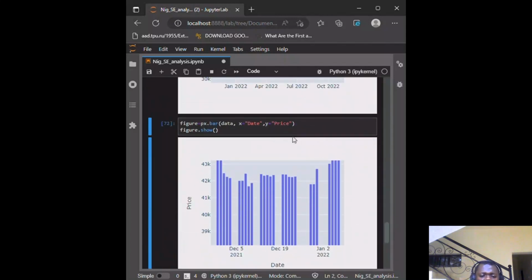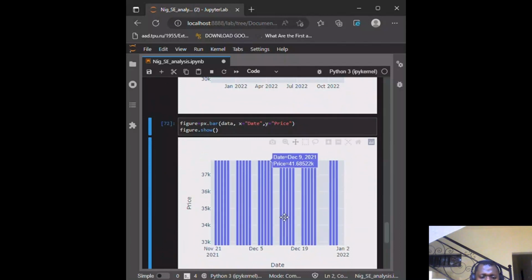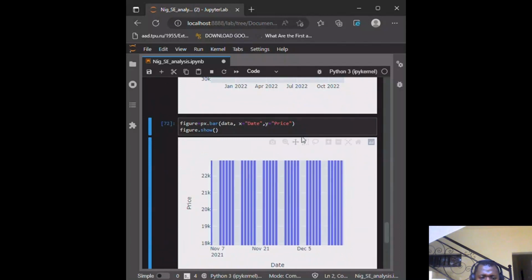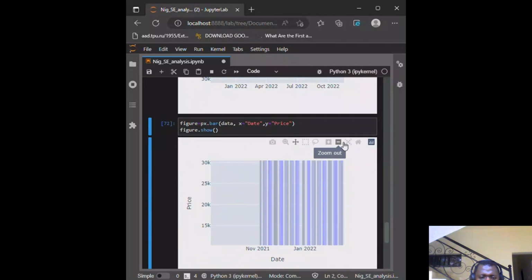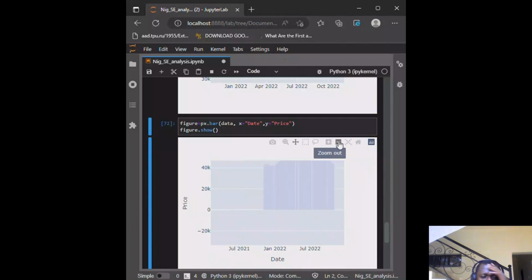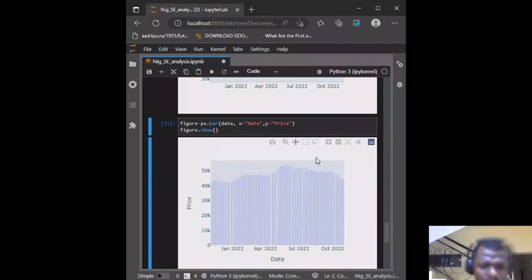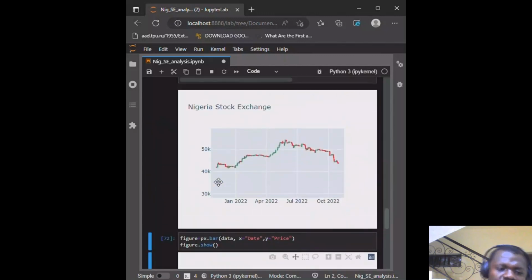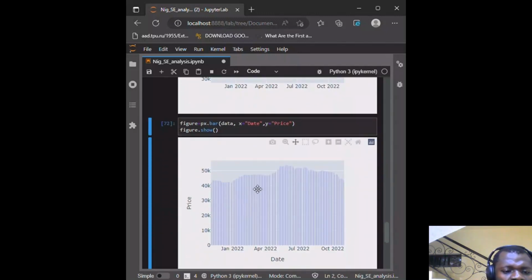What we did was plot the dates against the price of the close. So this is what we have. It does kind of the same thing, but from a different perspective, which is price.